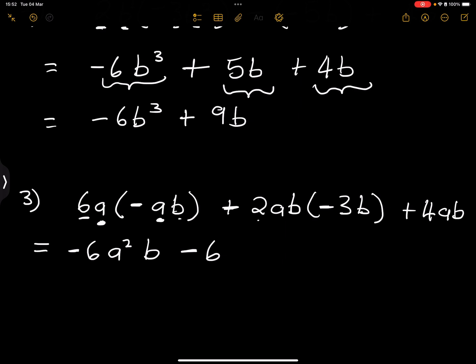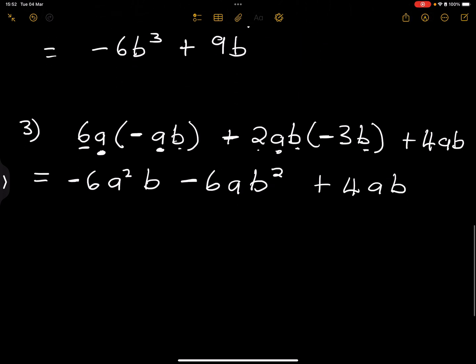And this will be a, so it doesn't have a base that is the same. But we've got b multiplied by b. Bases are the same, we add the exponents. So that's going to be ab squared. And then finally, we're going to add this 4ab. So ladies and gents, can we add all of these terms together?